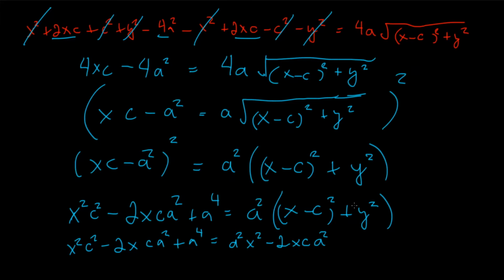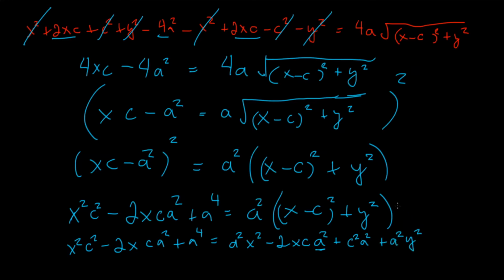And then over here, we're going to have a c squared times a squared, so plus c squared a squared. All right, this is just x squared minus 2xc plus c squared, but the a squared has been distributed, so a squared, a squared, a squared. This a squared's in the back for some reason. That's just by accident. And then we're going to have a squared, y squared.